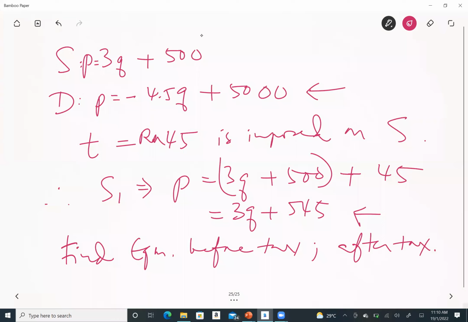Then you can see how much the price increases and how much the equilibrium quantity decreases. For that part, I would like you to do one or two questions like that.